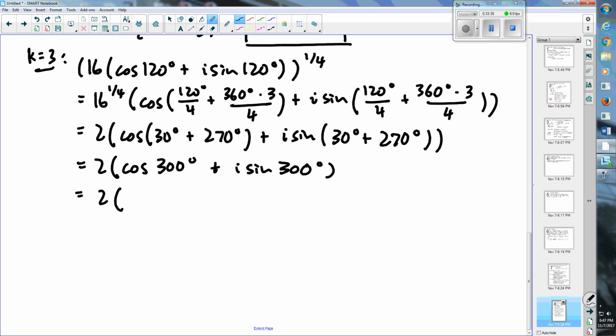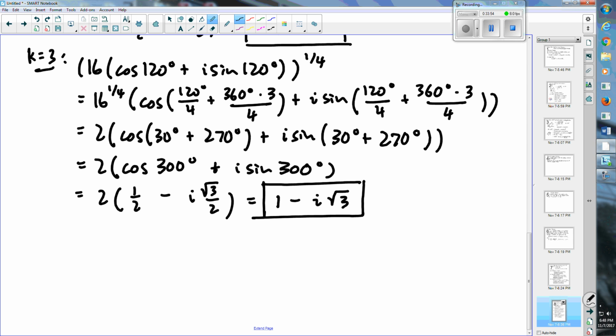Almost done. The cosine of 300 is 1/2 minus i times the sine of 300, which is root 3 over 2. Multiplying by 2, we get 1 minus i root 3. There we go.